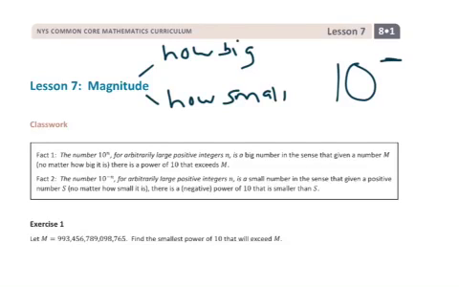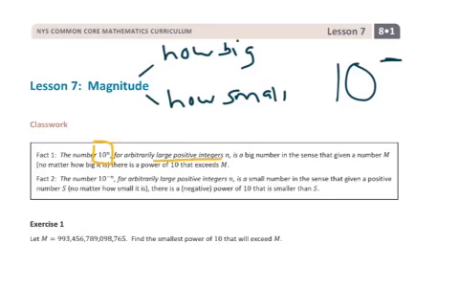We don't know what that exponent would be. So down here it shows a little bit of facts that you're going to want to know, and this is what we're going to focus on today. The number 10 to the nth power is going to deal with large values.